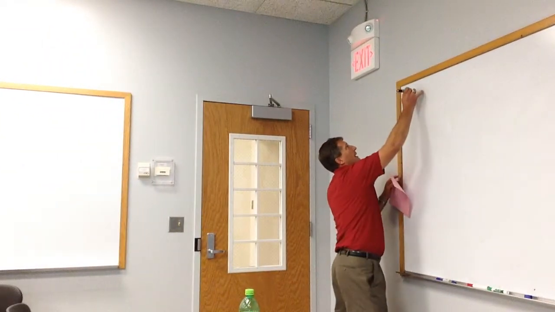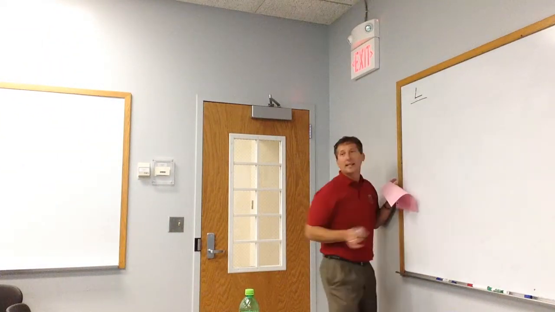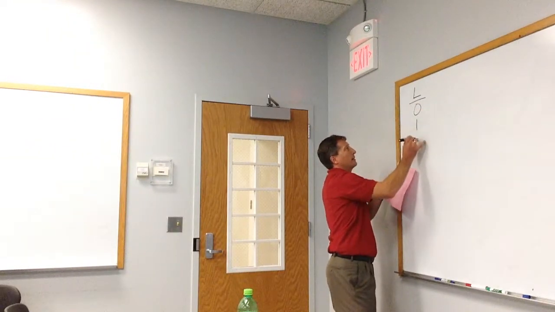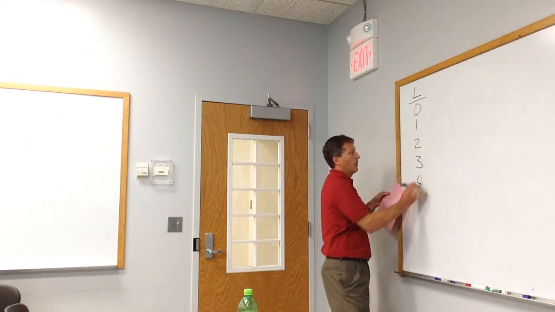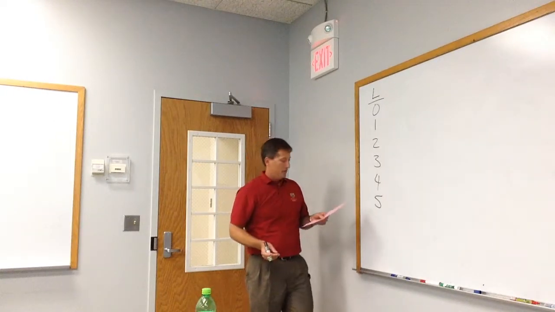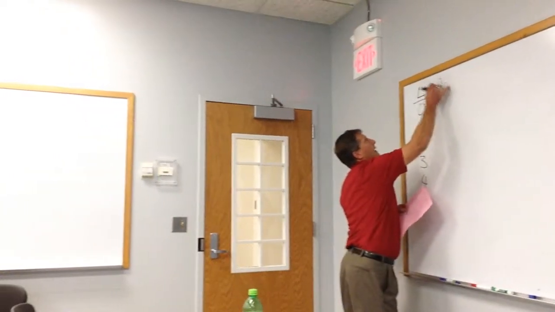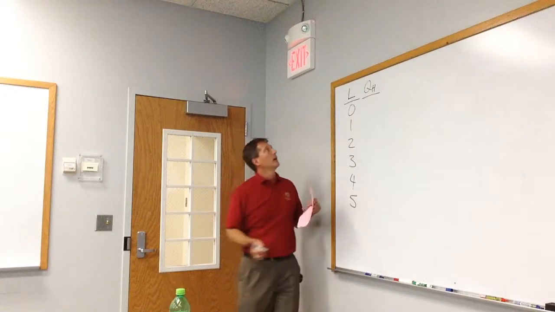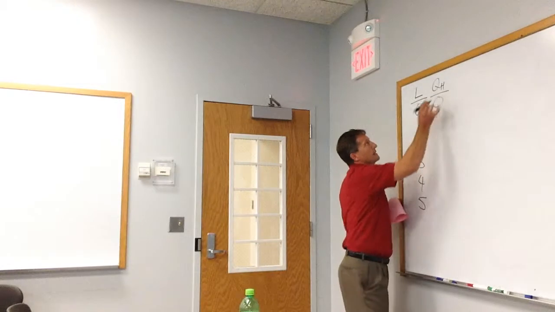So first one is labor, the quantity of labor. We've got 0 cooks, 1, 2, 3, 4, 5. We've got the quantity of hamburgers that each cook is producing. 0 cooks, 0 hamburgers.